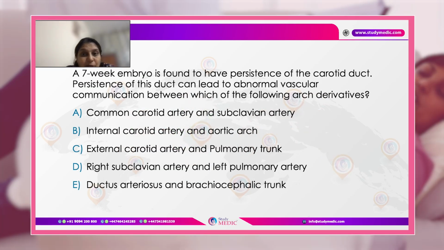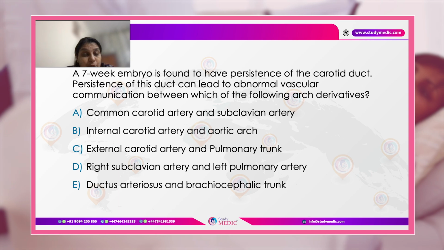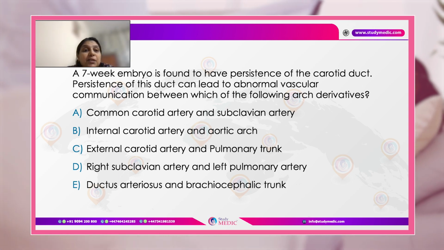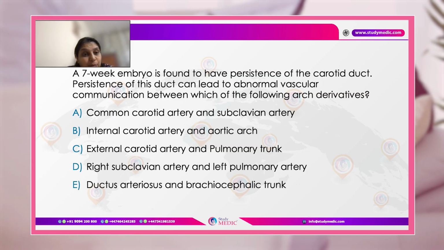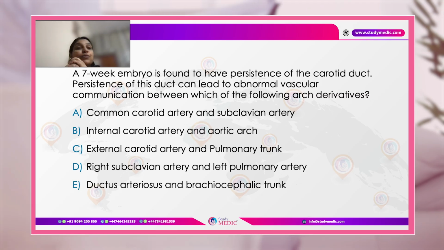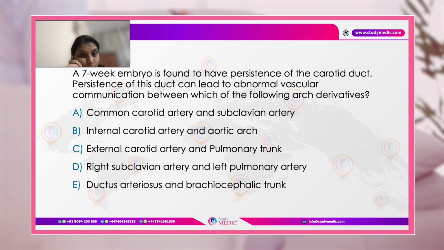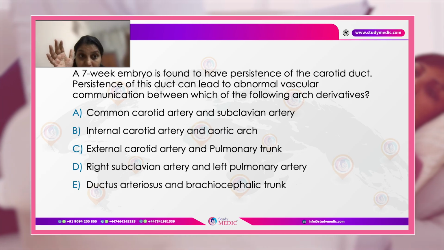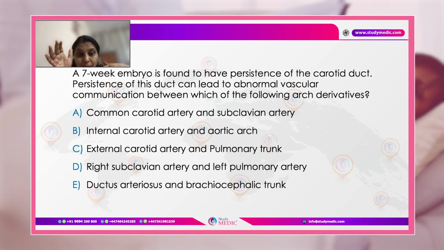Okay, so our next question is: a 7-week embryo is found to have persistence of the carotid duct. Persistence of this duct can lead to abnormal vascular communication between which of the following arch derivatives? So if you remember, when we were talking about the aortic arch derivatives, there was this carotid duct which was joining the third and the fourth aortic arches.